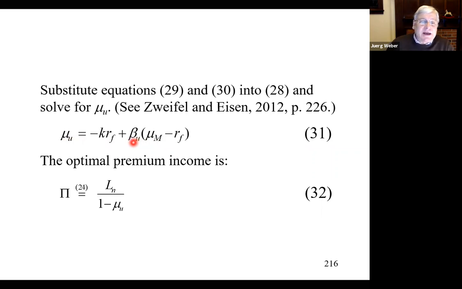But then we have a negative item here, and this negative item appears because the insurance company, and therefore also the owners of the insurance company, the shareholders, get the credit from the insurance buyers.